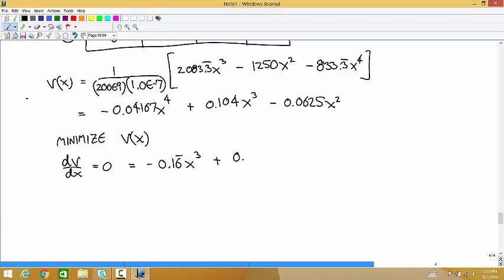That's 0.312 x squared. And then 2 times that is 0.125 x. And set that equal to 0.